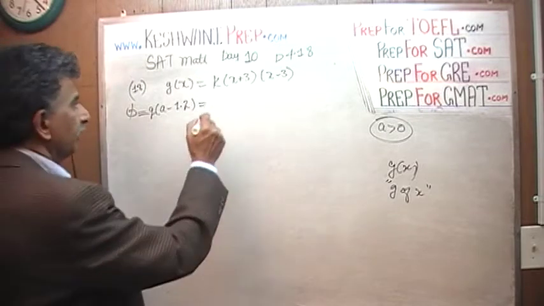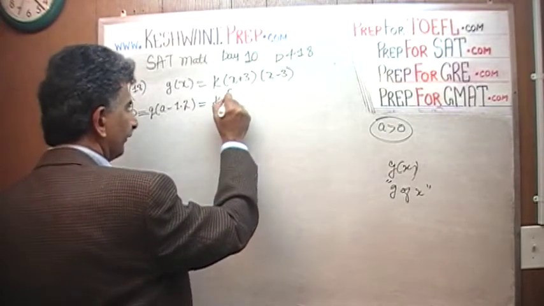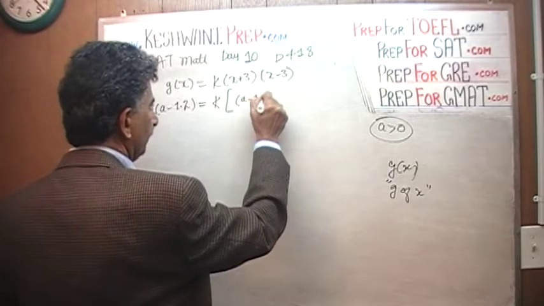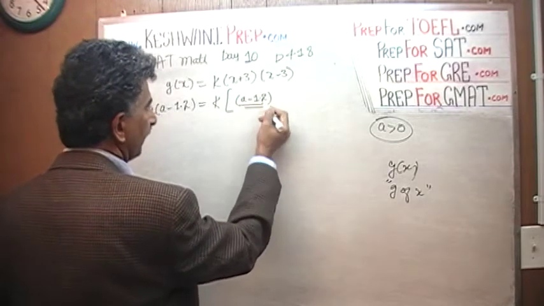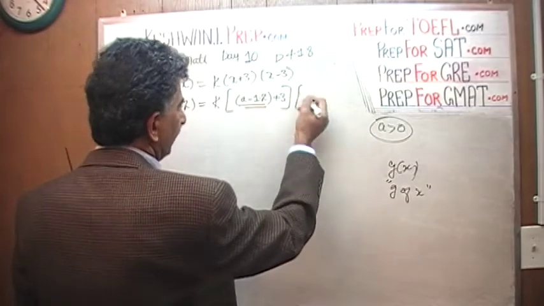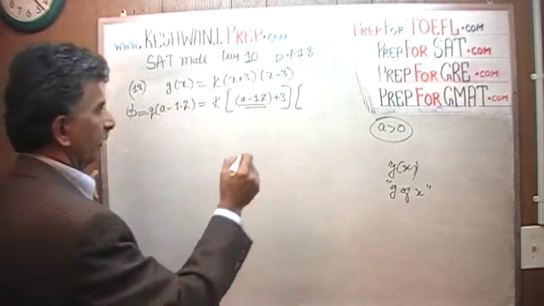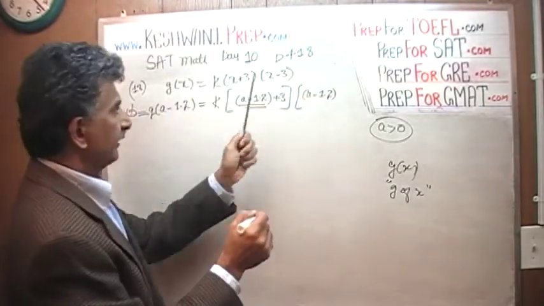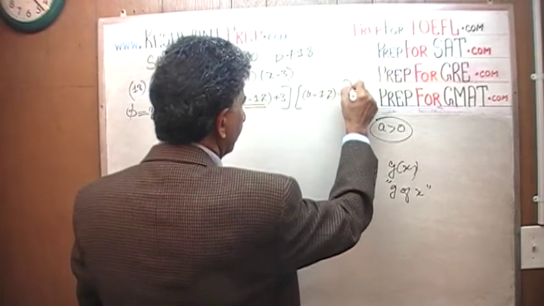So let's do it here. It's k times x, which we're going to replace with a minus 1.2. That's our x. Plus 3, that's the first quantity, times x again, which is a minus 1.2, minus 3. And that's the second part.